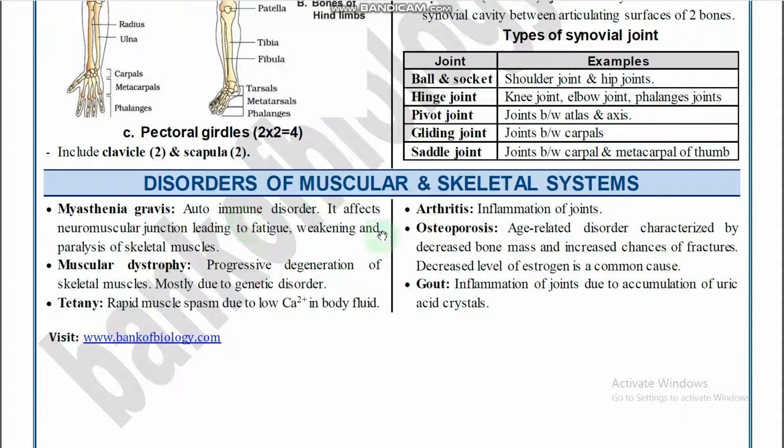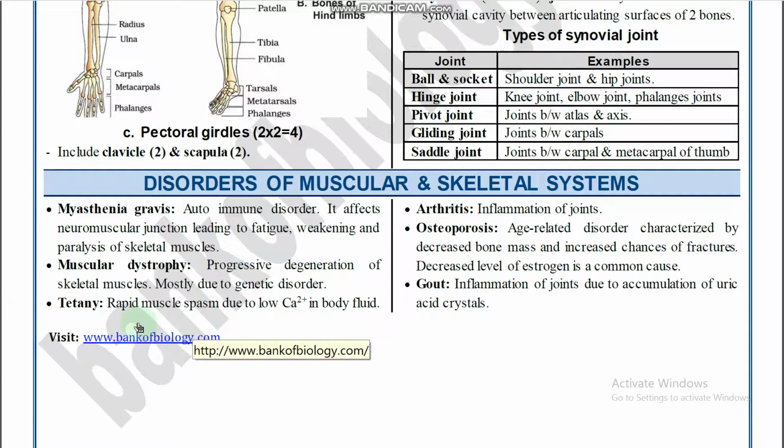Symptoms are also important. And muscular dystrophy is progressive degeneration of skeletal muscle, a genetic disorder. Autoimmune disorder example: myasthenia gravis; genetic disorder example: muscular dystrophy. Just remember that.